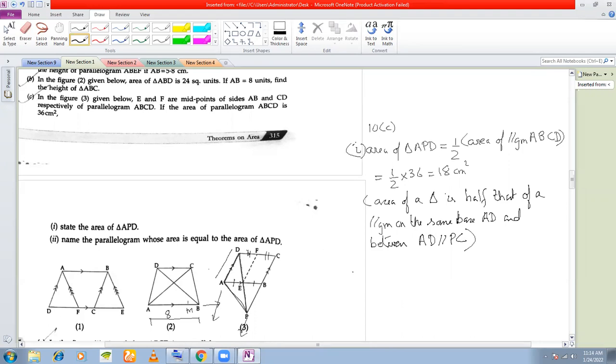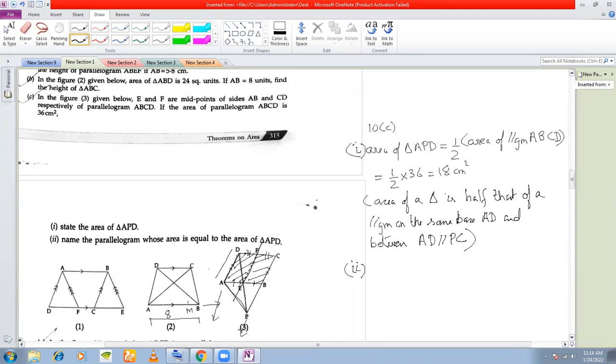Area of triangle APD. What about the second part? Name the parallelogram whose area is equal to triangle APD. Okay, which is the parallelogram whose area is equal to triangle APD? If you see this parallelogram here, because E and F are midpoints, these two parallelograms have equal area, right?